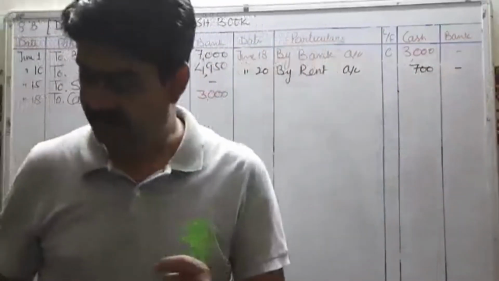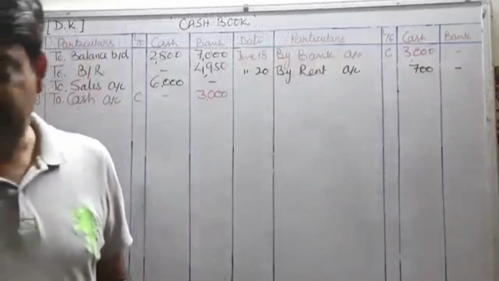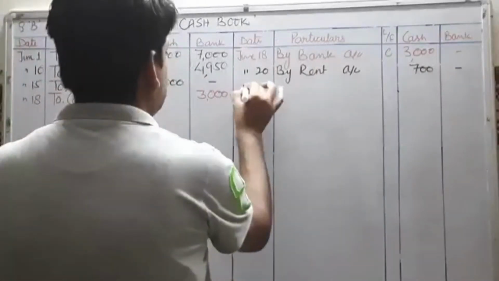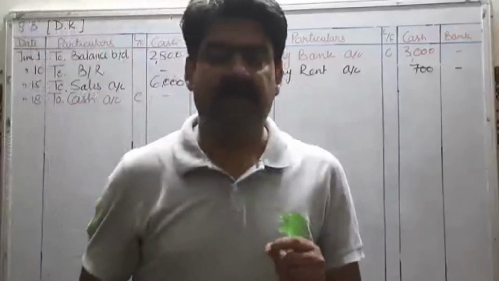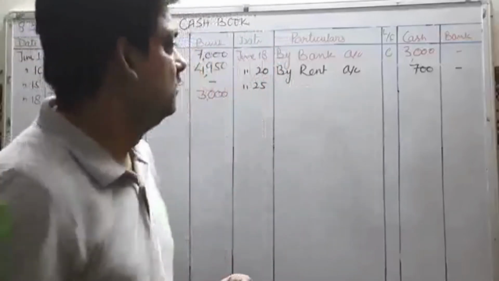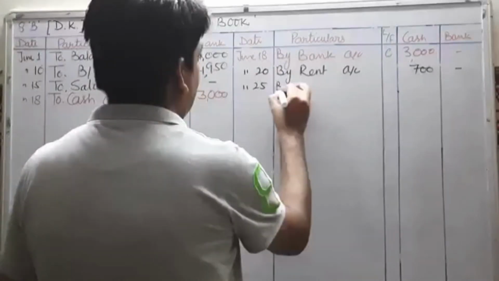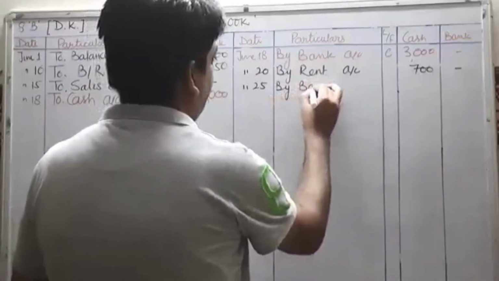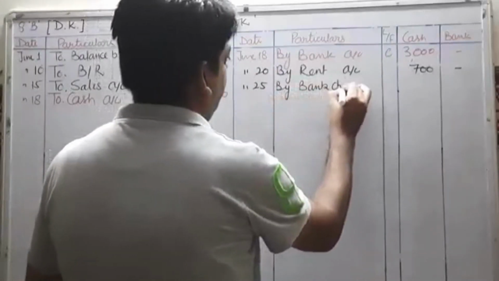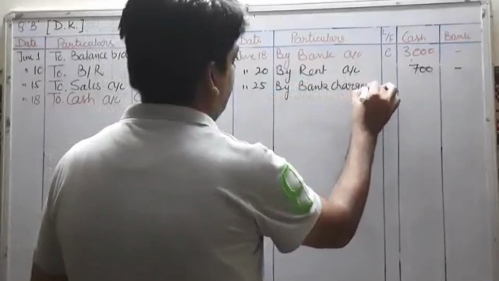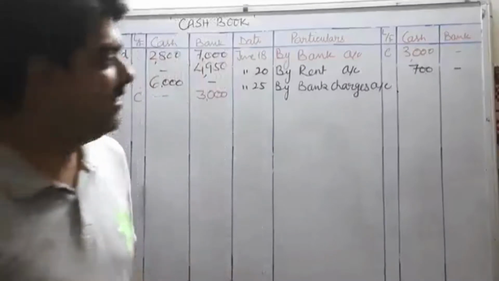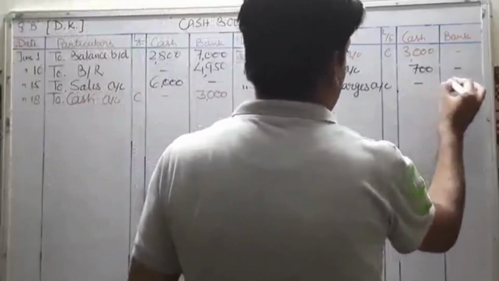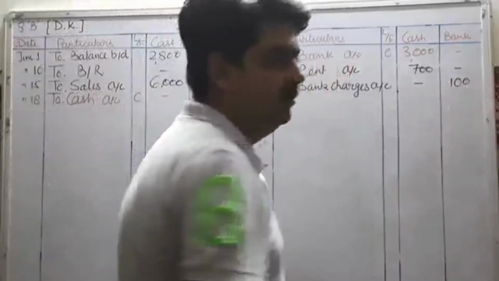Okay, see next transaction. On June 25, bank charges. Entry will be bank charges account debit to bank. So treatment will come in credit side by bank charges account, and amount is 100 rupees, and this amount will come in bank column.